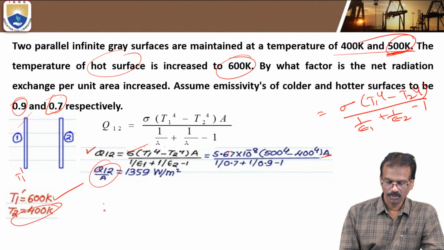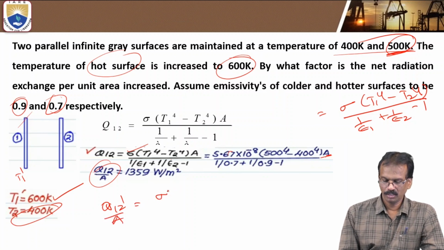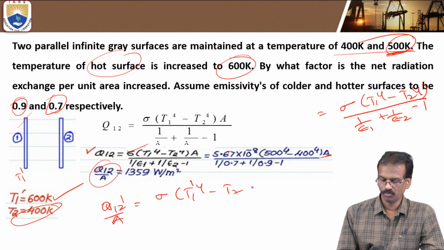Then the same formula: Q12 dash by area is equal to sigma into (T1 dash to the power of 4 minus T2 to the power of 4) by (1 by epsilon 1 plus 1 by epsilon 2 minus 1).